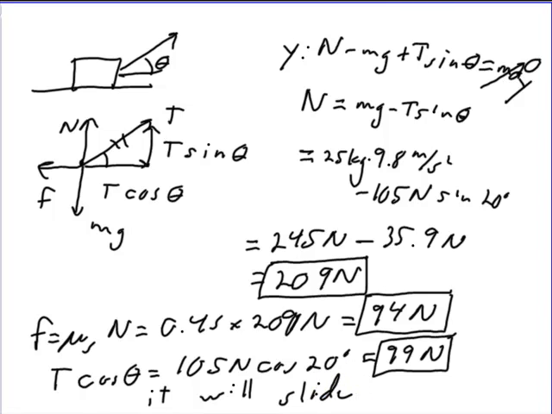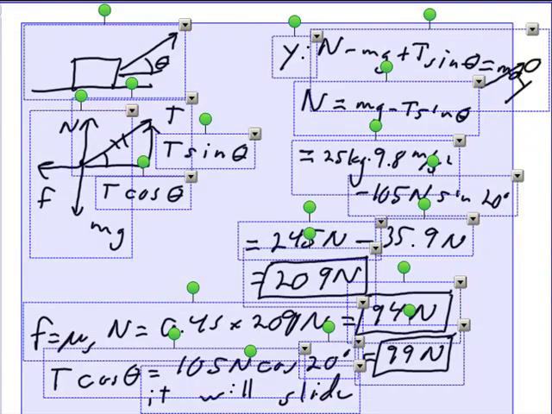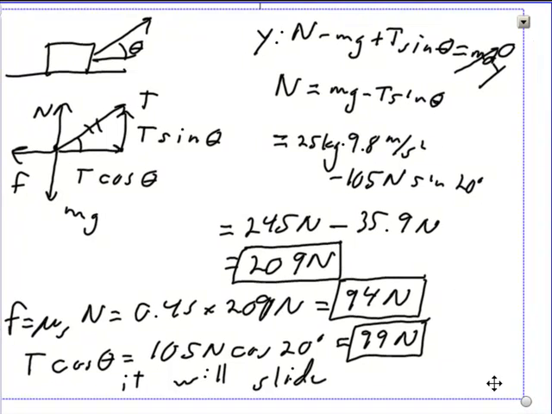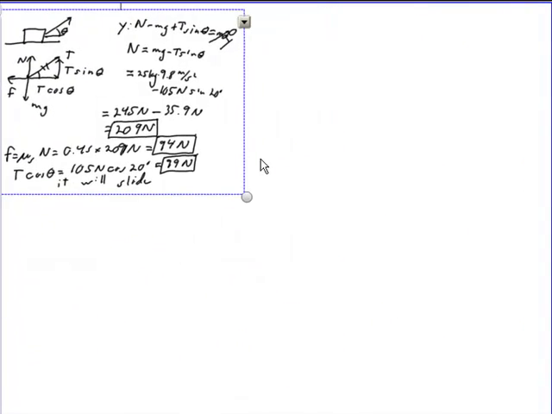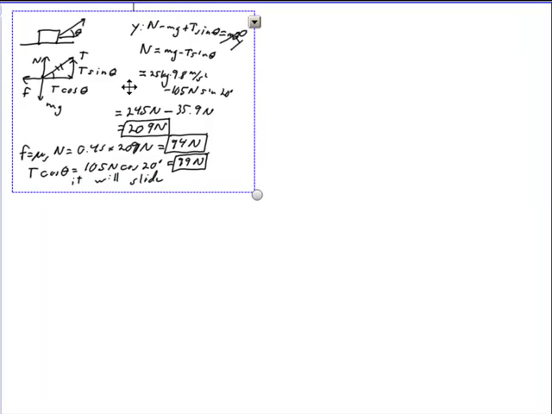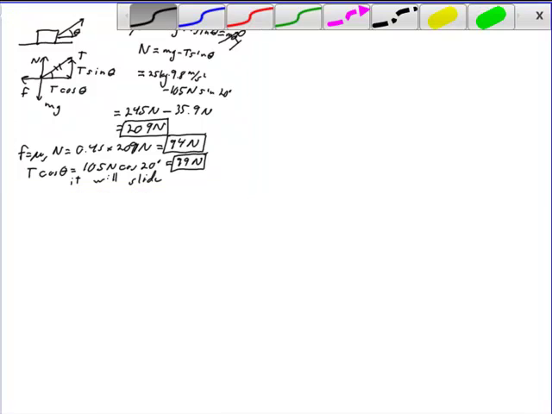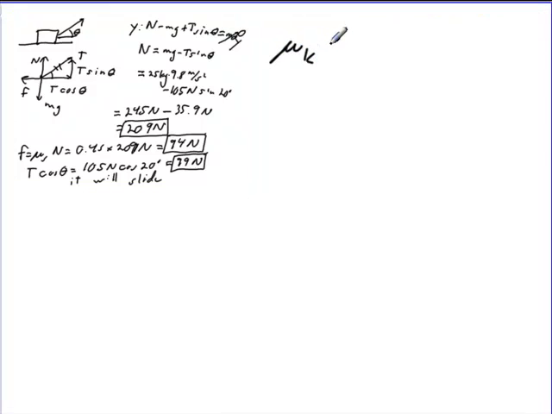Of course, then we have to ask the question of how fast will it accelerate? That's an excellent question. To do that, though, I need to figure out what the coefficient of kinetic friction is. Let's assume that the coefficient of kinetic friction is 0.30. Notice it's significantly less than the coefficient of static friction, and that's normal.